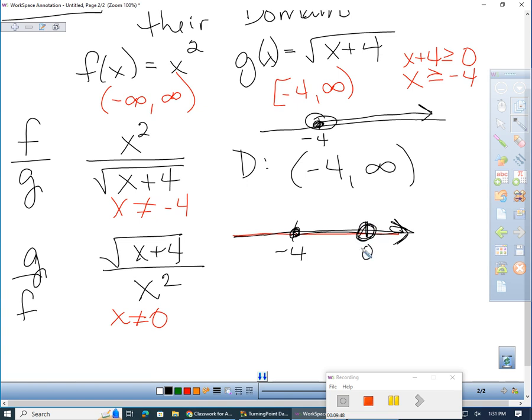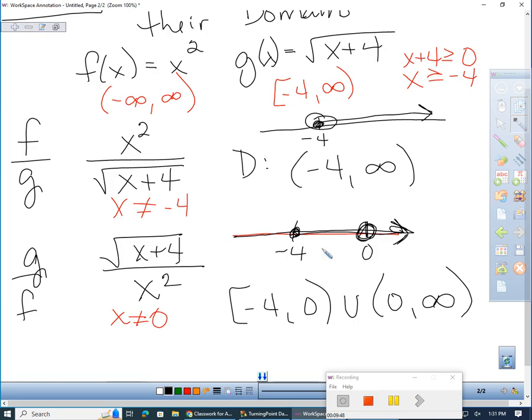So how would I write my domain that would state that? Good. A U, and then I can jump over 0 and go to infinity. Exactly. This is going to be the hardest thing in today's lesson, is finding that domain. Okay, this is the hardest part.